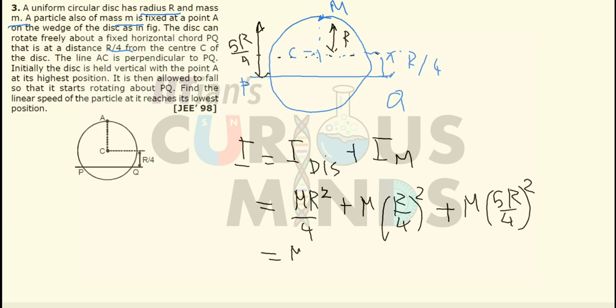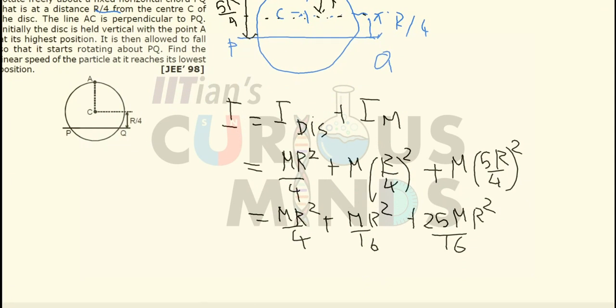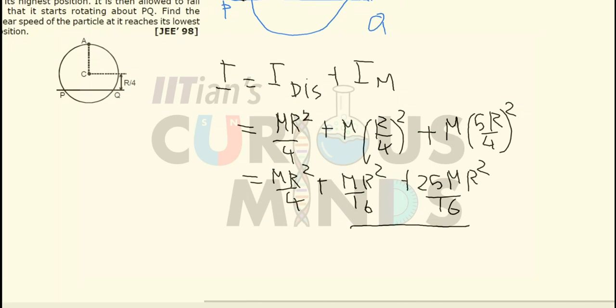So it will be equal to mr²/4 + mr²/16 + 25mr²/16. Basically it will be 25mr²/16 plus mr²/16, which is 26mr²/16, which can be written as 13mr²/8.